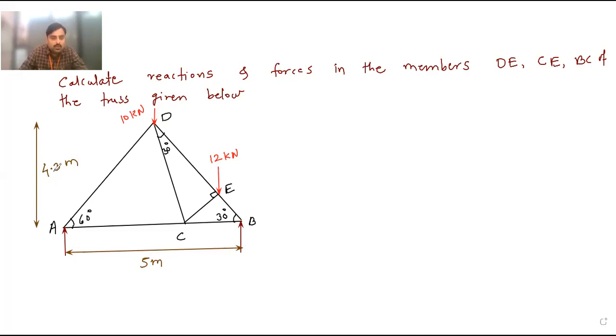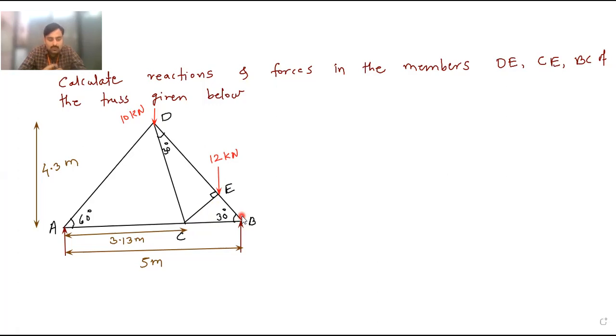Now we need to solve this numerical. Also, the A to C distance is also given. This is 3.13 meters. Okay. So now we need to solve this truss, and we need to calculate the forces in members DE, CE, BC. So this is the member DE, this is CE, and this is BC.